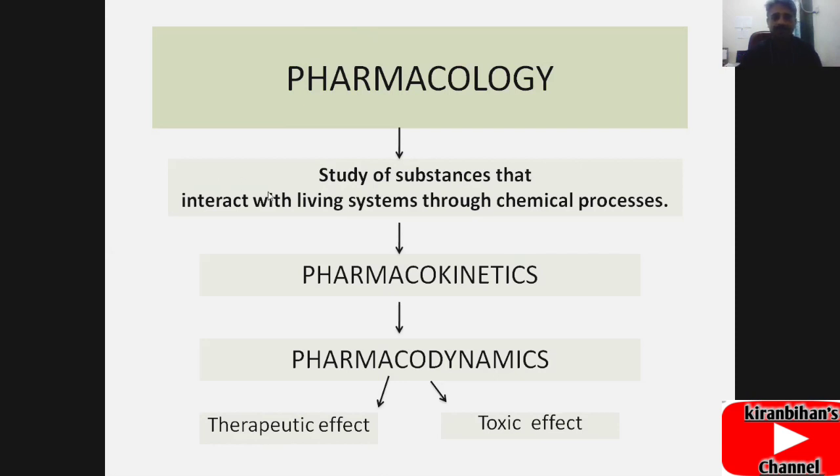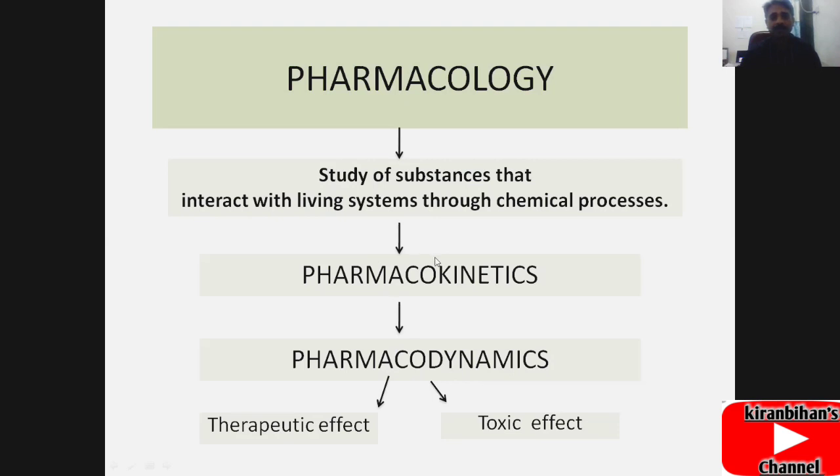And those chemical processes can be pharmacokinetics and pharmacodynamics. And ultimately, the result is the therapeutic effect or toxic effect. So the drug has to pass through these processes, first the pharmacokinetic process and then the pharmacodynamic process.